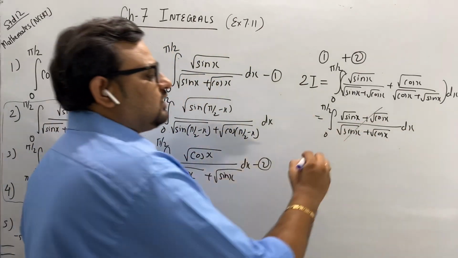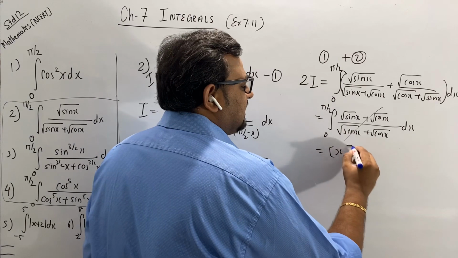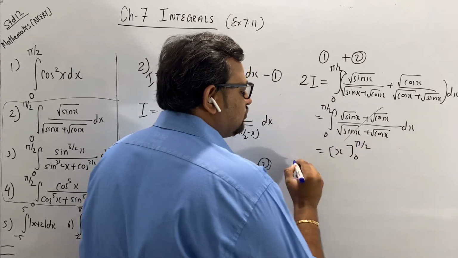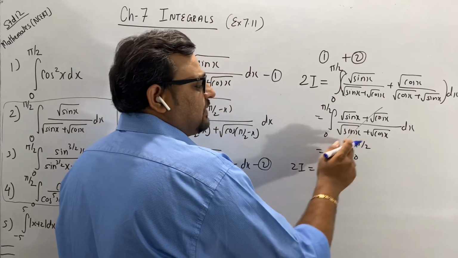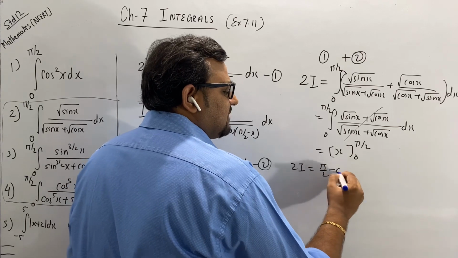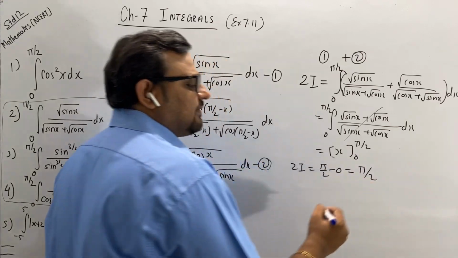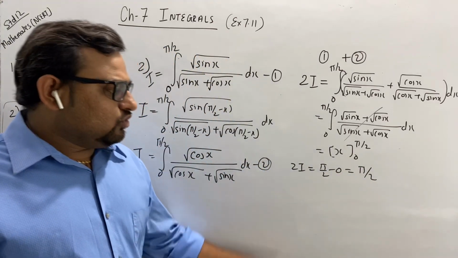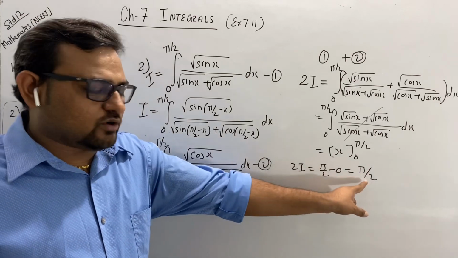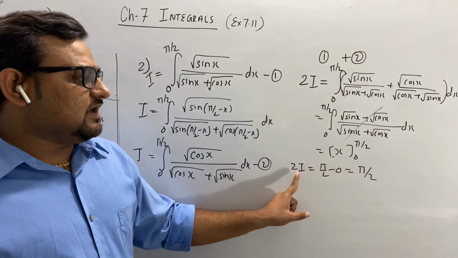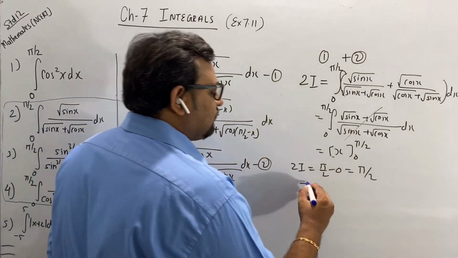So integration of 1 is x, 0 to pi by 2. So 2I will be equal to pi by 2 minus 0, equal to pi by 2. So 2I is equal to pi by 2, so I will be equal to pi by 4.